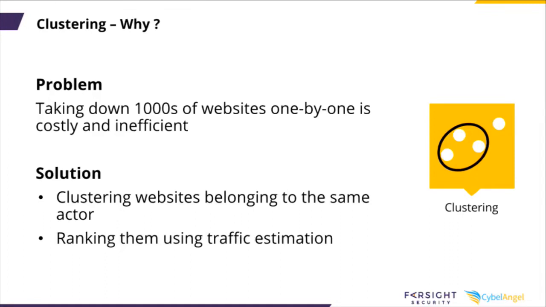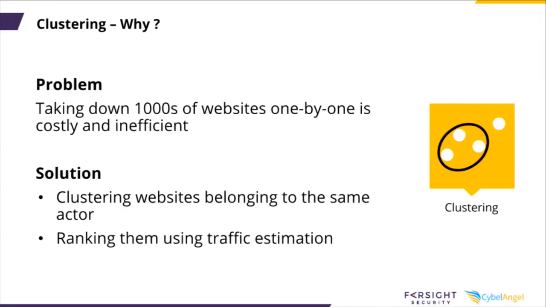So what we want to do is present not websites one by one, but groups of websites. But how do you define the group? What we want to do is group together the websites that belong to the same actor, to the same organization. So you can target directly a whole organization and not only just a website.